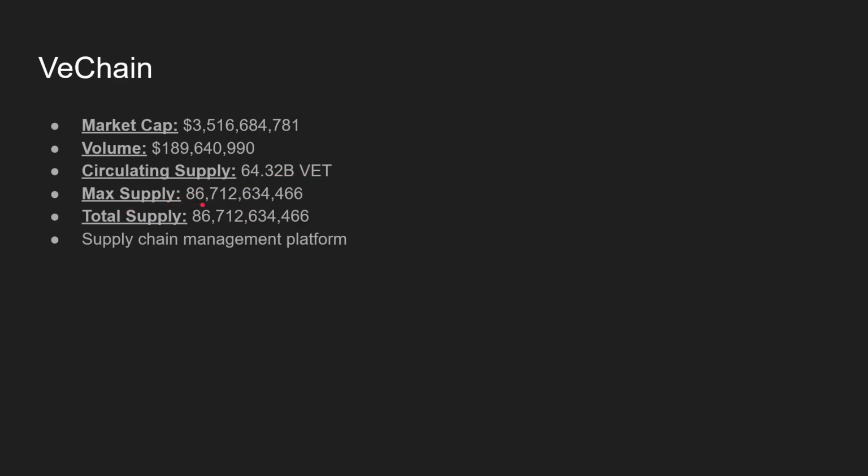The maximum supply is 86 billion, and the total supply is 86 billion. So the maximum amount of VeChain that will ever exist has already been created. We do see there's only 64 billion of that VeChain available to the public, and this is considered a supply chain management platform that operates on Ethereum.